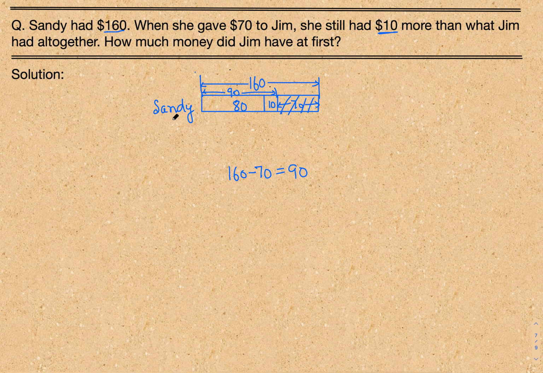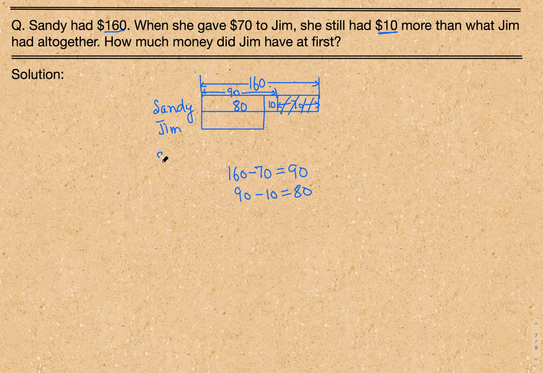Jim is 80. Why? Because it's saying Sandy is still 10 more than Jim. That means 90 minus 10 is 80, right? So Jim later, after getting 70 from Sandy, is 80.